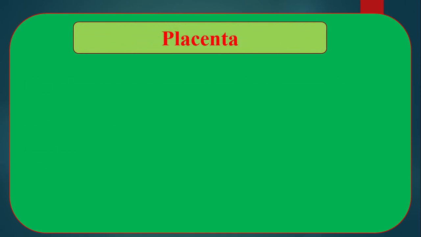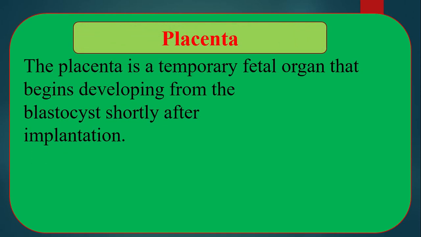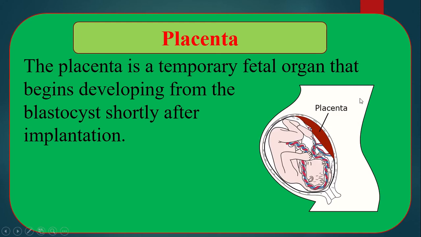Placenta. What is placenta? The placenta is a temporary fetal organ that begins developing from the blastocyst shortly after implantation. Follow the picture. This is placenta, which is connected with the embryo by a cord.